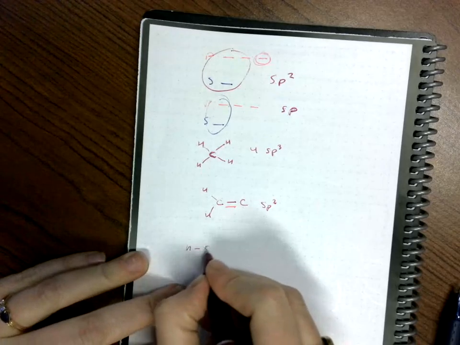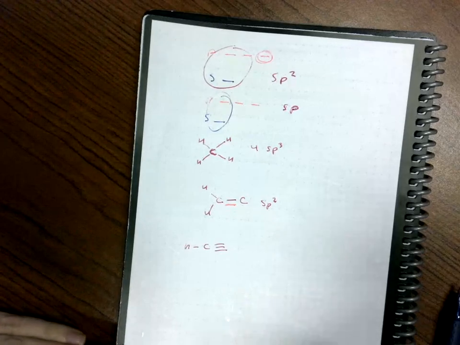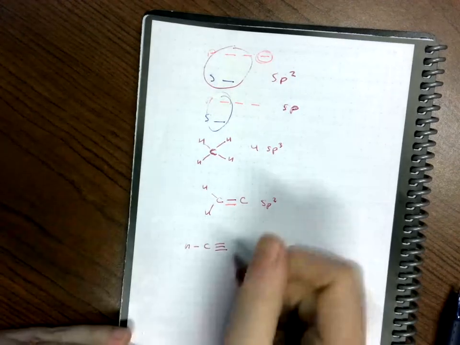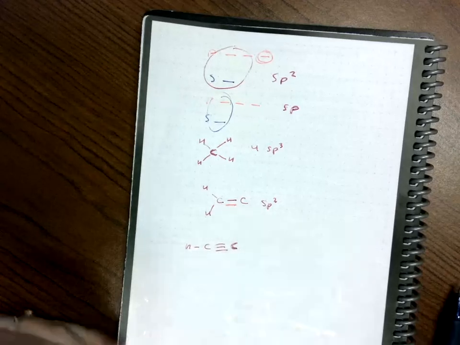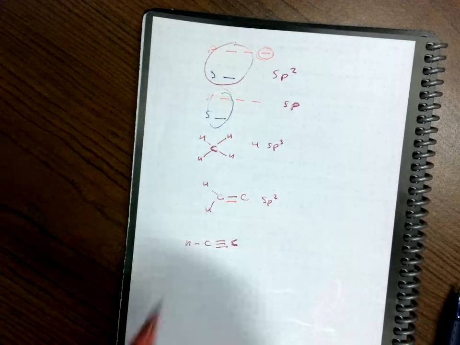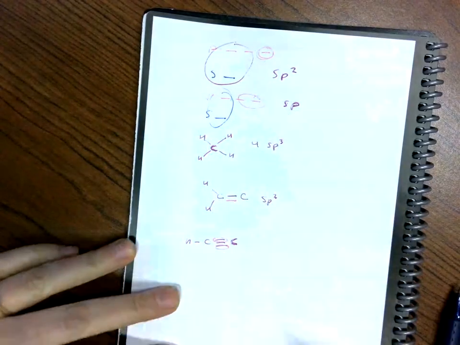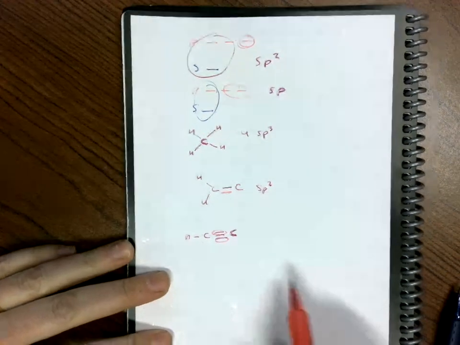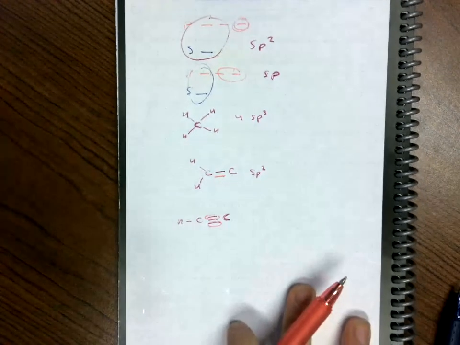And then if you have an sp hybrid orbital, say to another carbon, you have 1s, 1p, and then these 2 bonds right here are made up of these p orbitals left over. So that is sort of the theory behind why things hybridize.